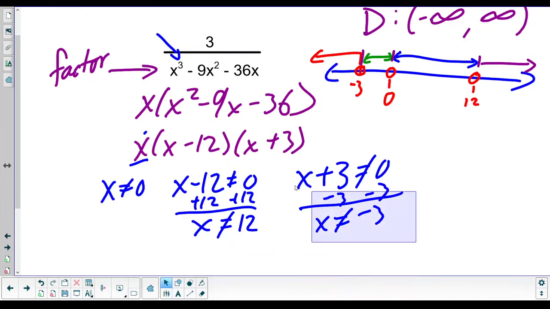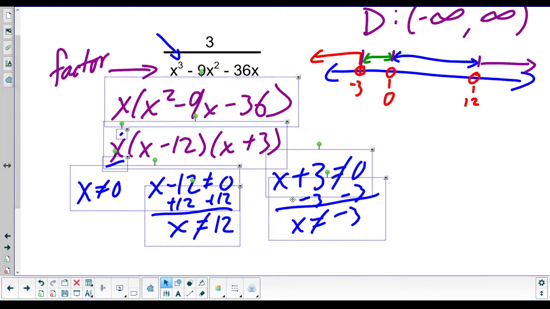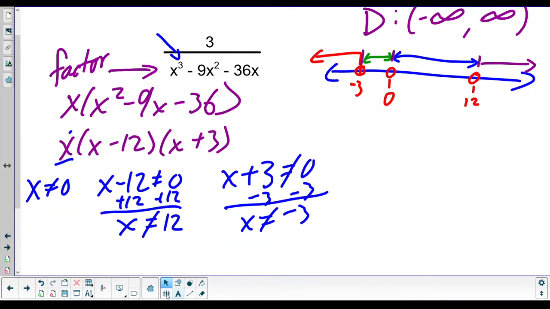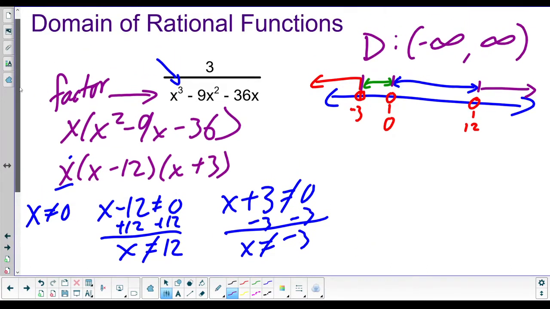So let's move this over a little bit so that we have some room to work. All right. So the first interval we need is everything smaller than negative 3. So our domain is still going to start at negative infinity. This thing can go as far down as it wants. There's no more interruptions.